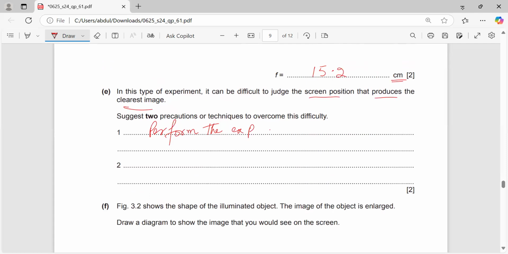Perform the experiment in a dark room or shaded area to judge the screen position well.